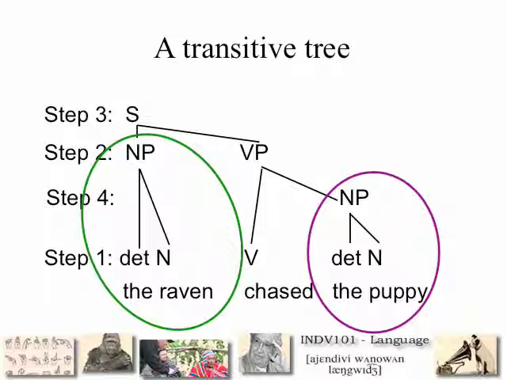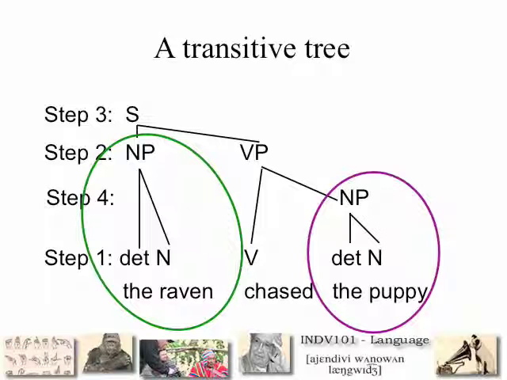It's helpful to think of the sentence tree a bit like a family tree. So we can call the S node, which comes at the top, the mother of the two nodes which come immediately below it. So S is the mother of NP and VP, which makes NP and VP the daughters of S. It also means that NP and VP are sisters.